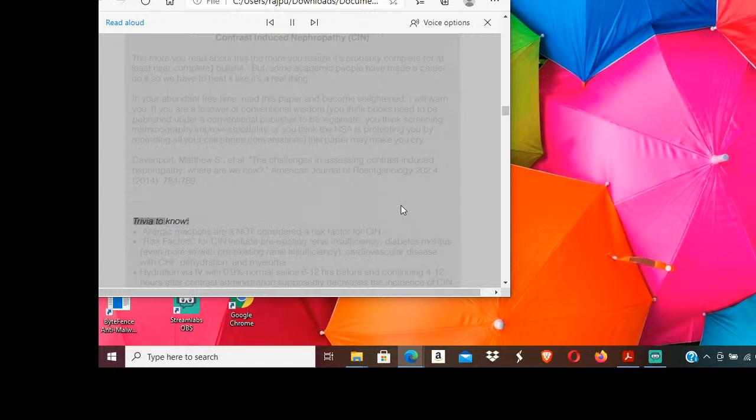Trivia to know: allergic reactions are not considered a risk factor for CIN. Risk factors for CIN include pre-existing renal insufficiency, diabetes mellitus, even more so with pre-existing renal insufficiency, cardiovascular disease with CHF, dehydration, and myeloma.